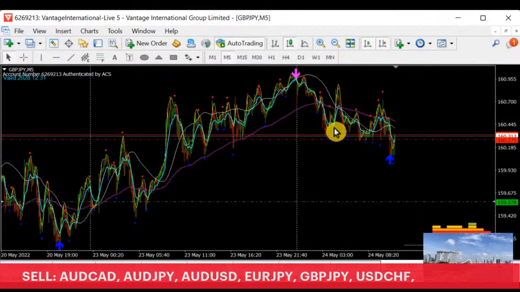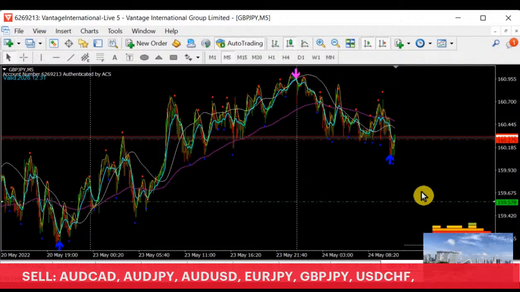It's struggling a bit over here and waiting to break. When I say waiting to break this pattern, that means it's going into a selling pattern.